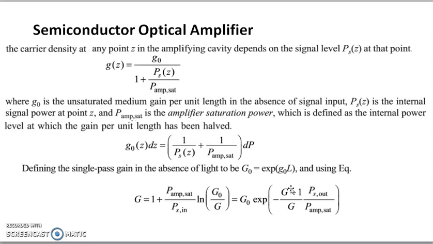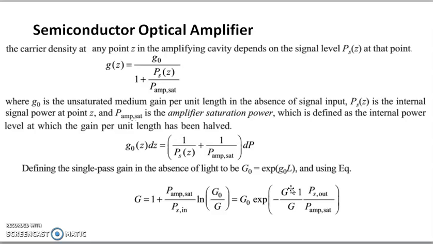G0 is the unsaturated medium gain per unit length in the absence of signal input, and PS(z) is the internal signal power at point z. Then we have the gain per unit length: G0 dz is equal to (1 by PS(z) plus 1 by P amplifier saturation) dP.